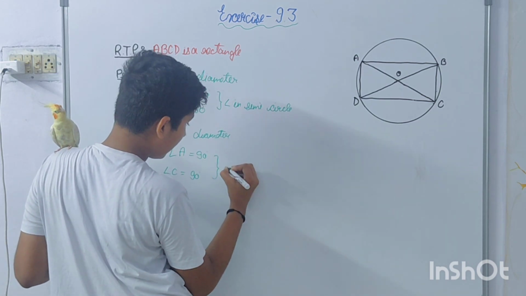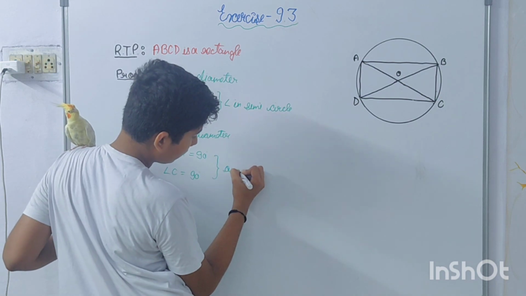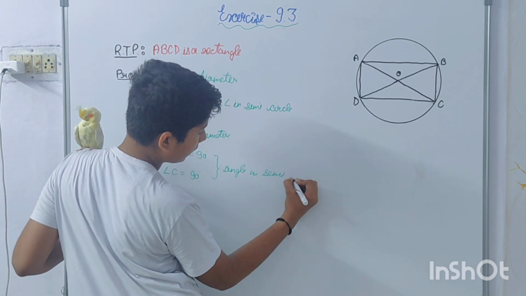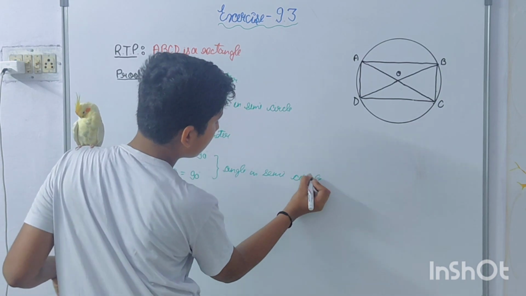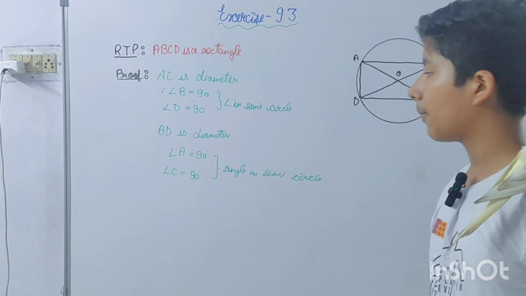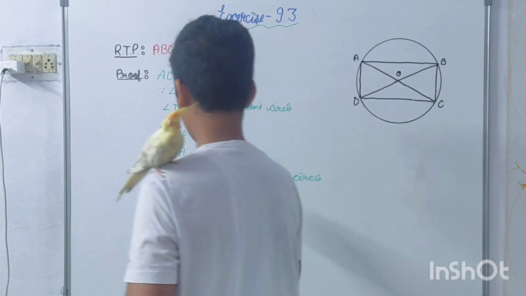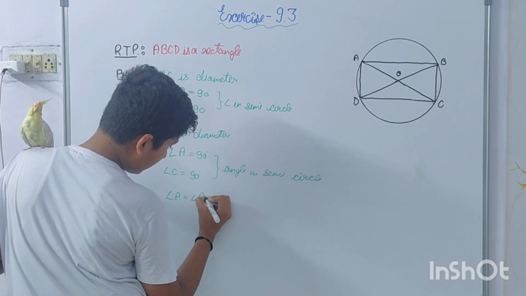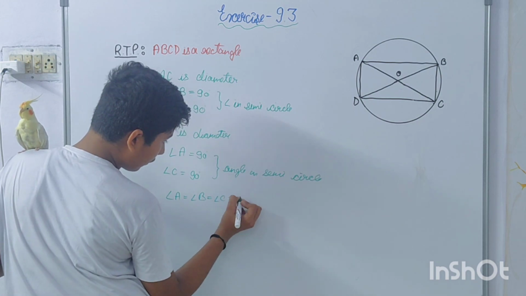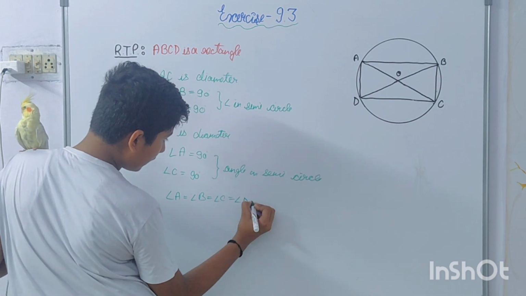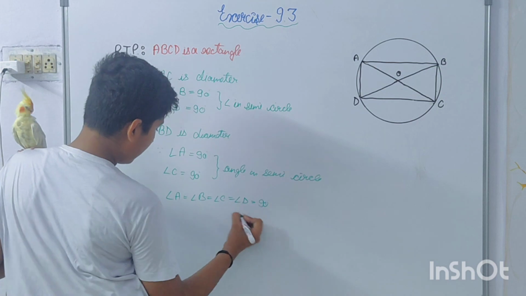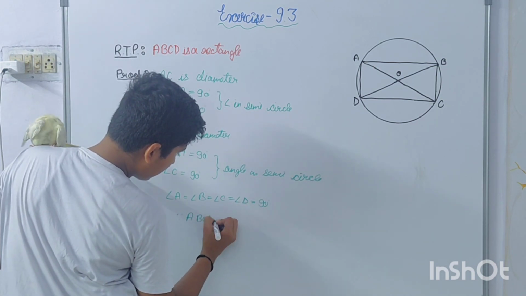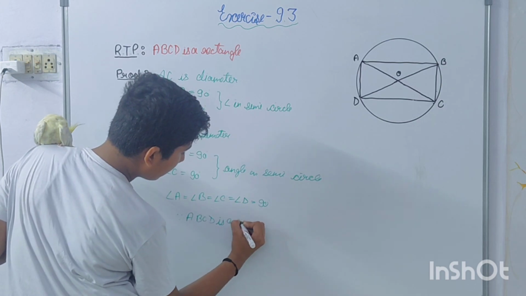And here again write angles in semicircle. Now, angle A equals angle B equals angle C equals angle D equals 90 degrees. Therefore, ABCD is a rectangle.